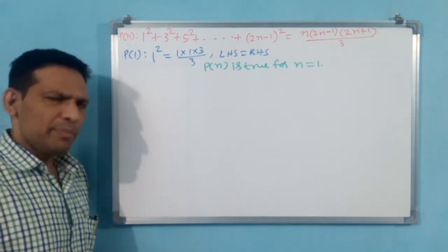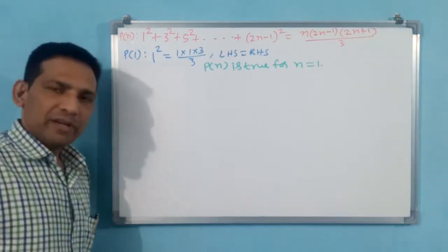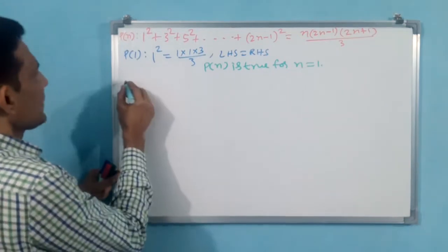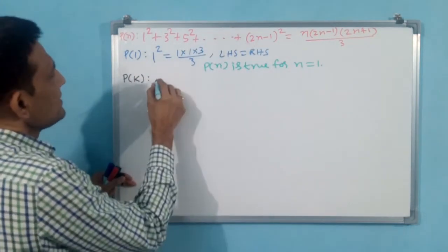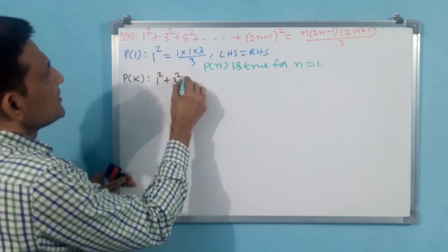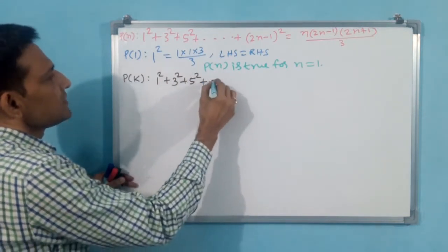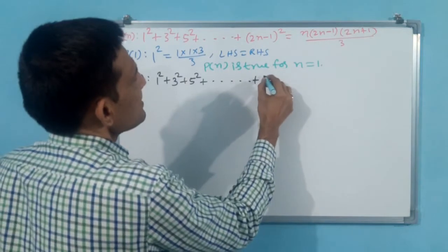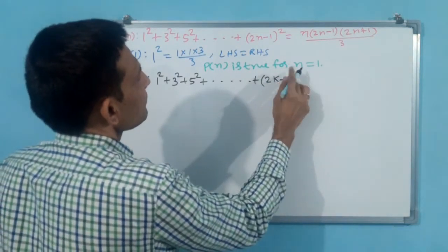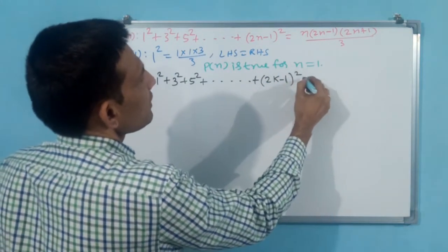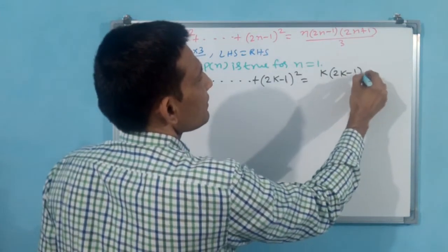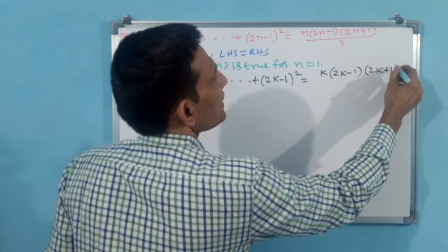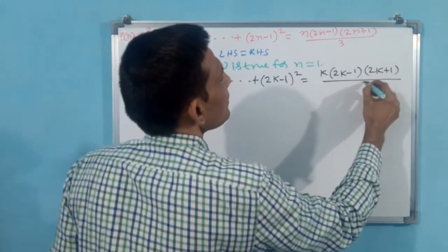P of k plus 1. Let us write P of k first. P of k: repeat this, replacing n with k. 2k minus 1 whole square is equal to k into 2k minus 1, 2k plus 1 by 3.